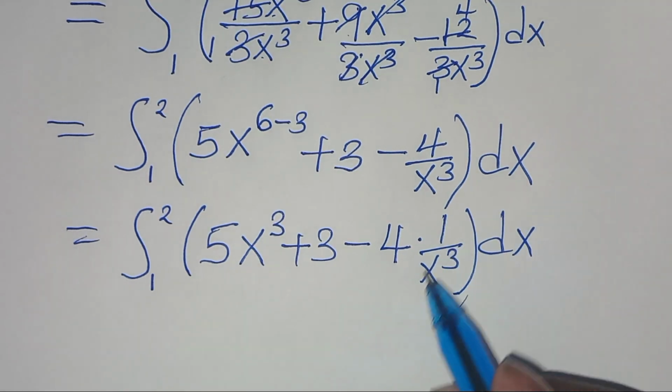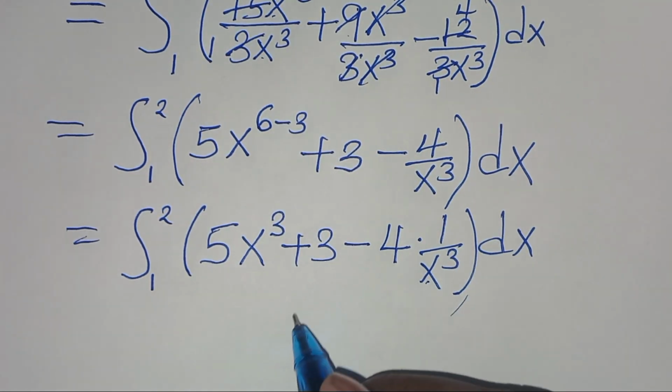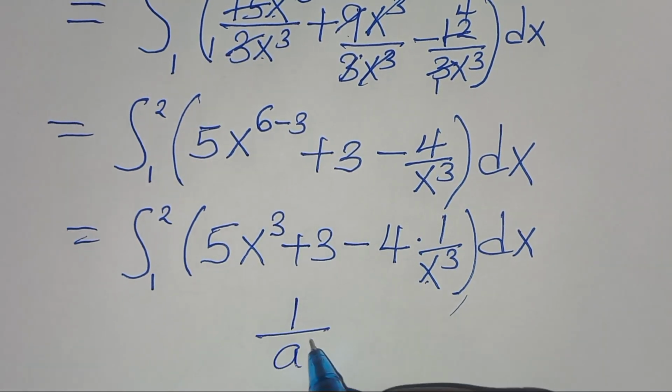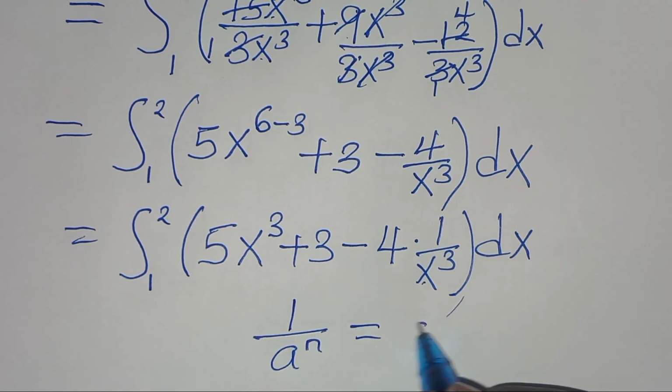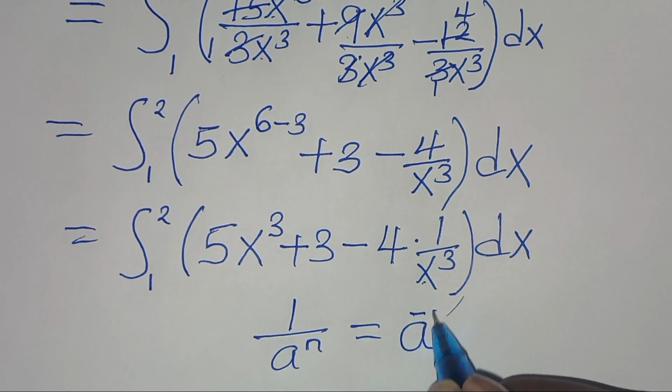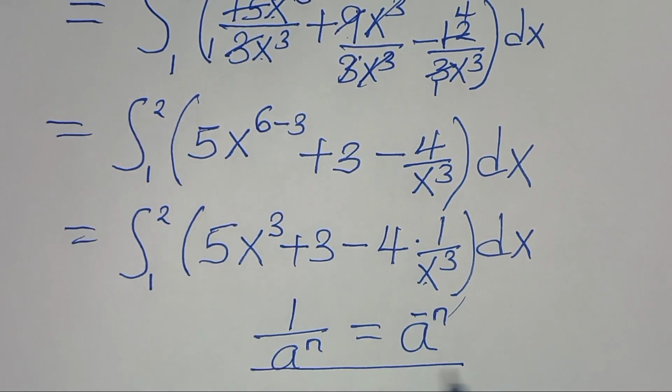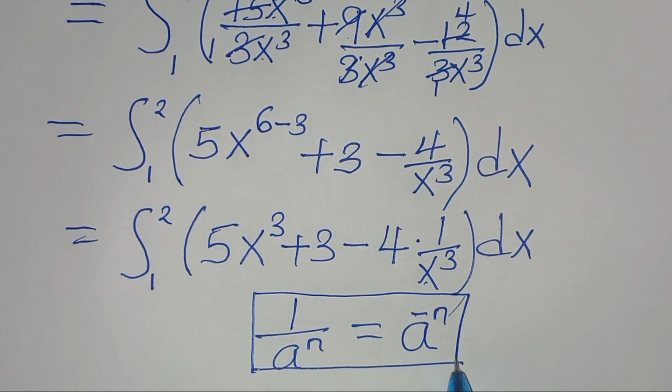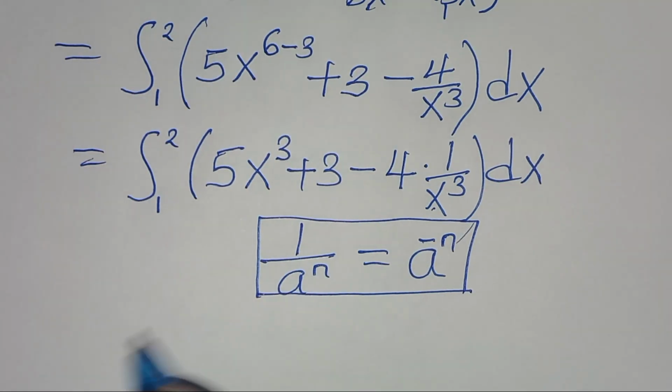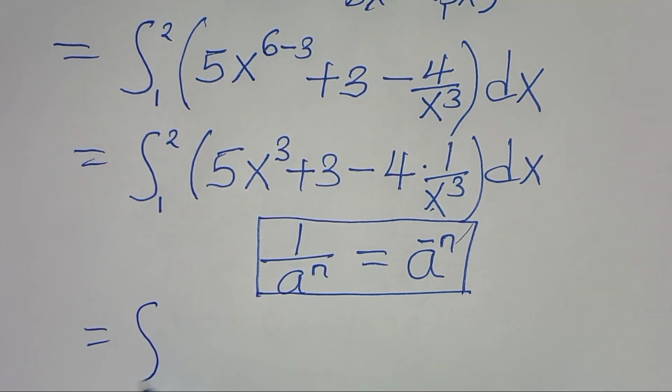So we have that 1 over x^3 is in the form of 1 over a^n, which we can express as a raised to the power minus n.